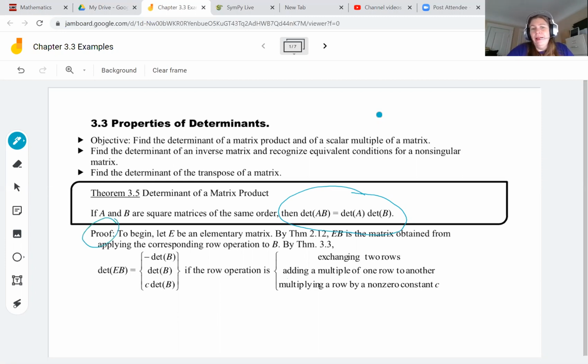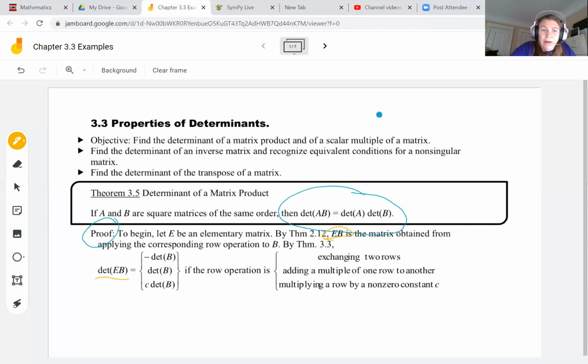So to begin, we're going to let E be an elementary matrix. Remember, an elementary matrix does row operations when we multiply it by the matrix. So some matrix EB is going to be the matrix obtained by applying the corresponding row operations to B. So by theorem 3.3 from the last section, we know there's three possibilities that correspond with parts A, B, and C of theorem 3.3.